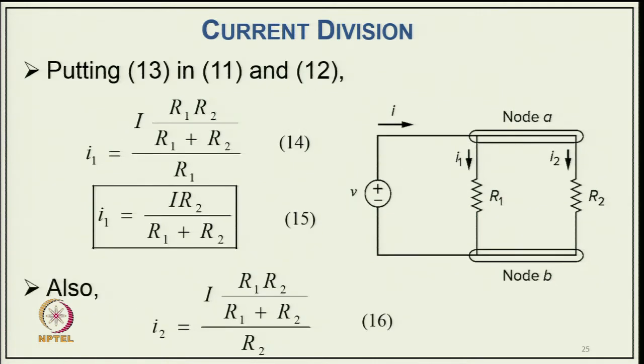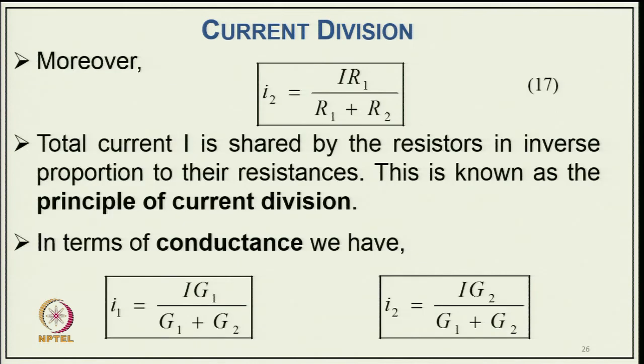Well, we can find the value by putting that relation into equations 11 and 12. So I1 will be equal to I into R2 divided by R1 plus R2, which is virtually equal to voltage divided by R1. Similarly, the final relation for I2 is I into R1 divided by R1 plus R2.